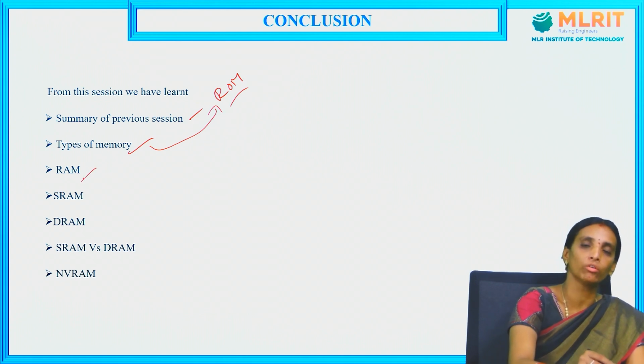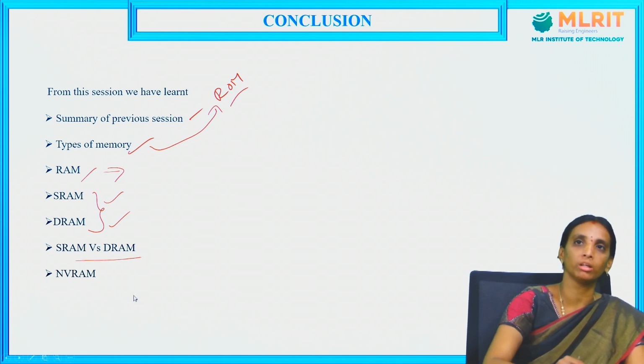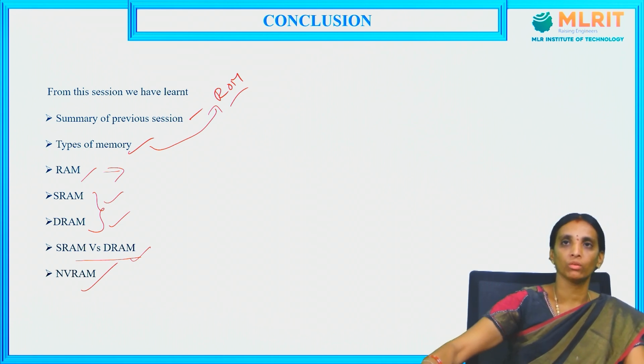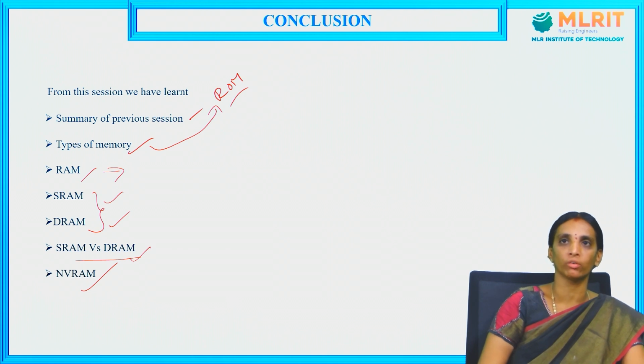Now we discussed random access memory: what is RAM, the different types of RAM, how we can make these two memories, and the comparison between them, which one is faster and which circuit is more complex. We have seen the configuration of the memory and another type of memory, which is non-volatile RAM. So these are for the present video session. We will discuss the next topics in the next video session. Thank you.